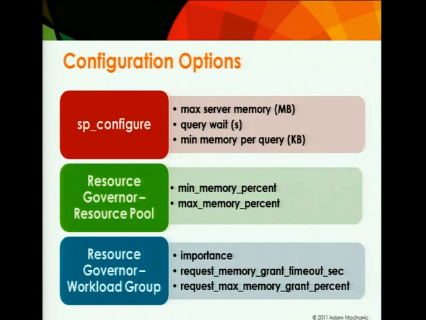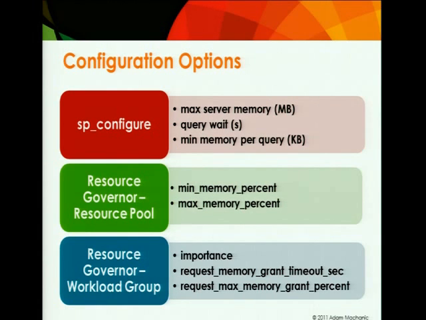Down at the workload group level, we can specify the importance. So the queries coming in from the CEO, maybe, can be prioritized over those coming in from your marketing manager. Always a good move. We can also specify, again, the timeout seconds and the maximum memory grant percentage.